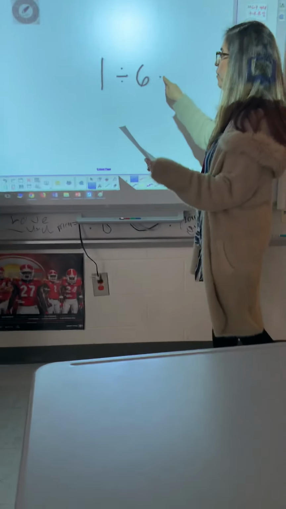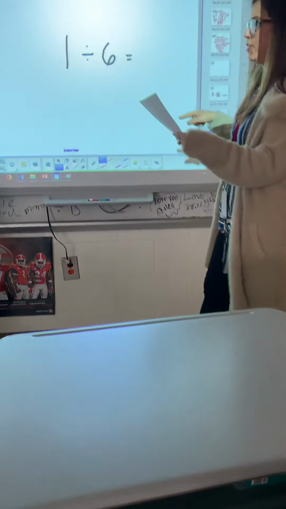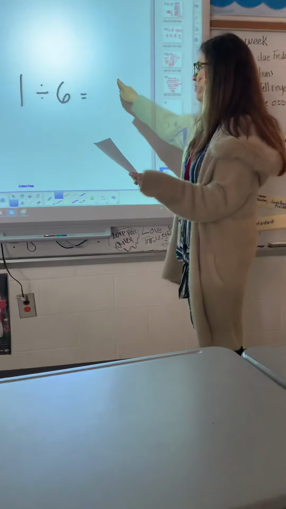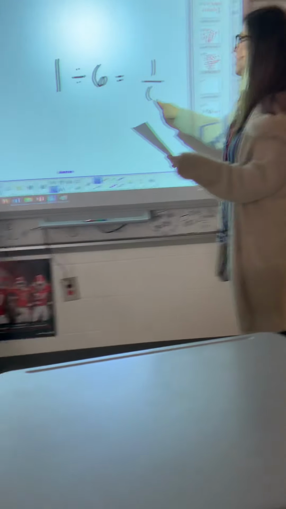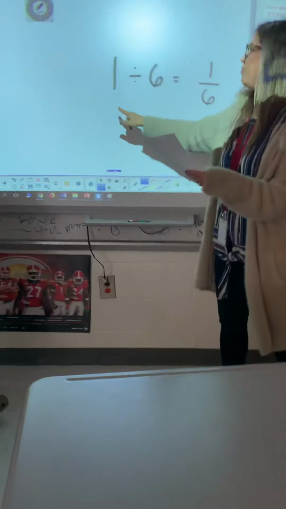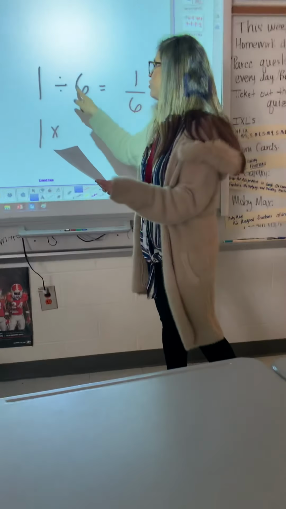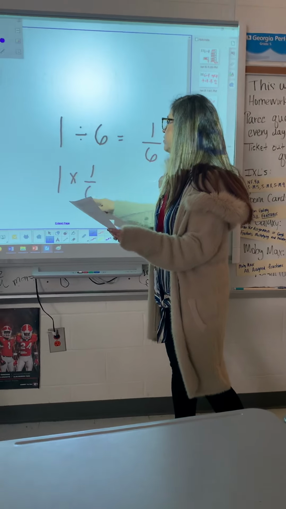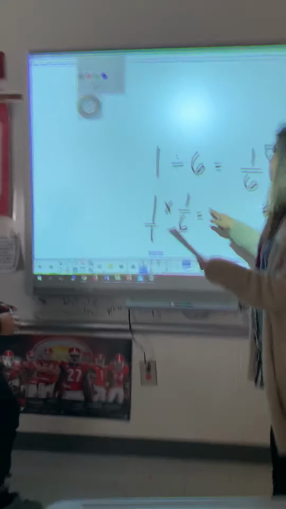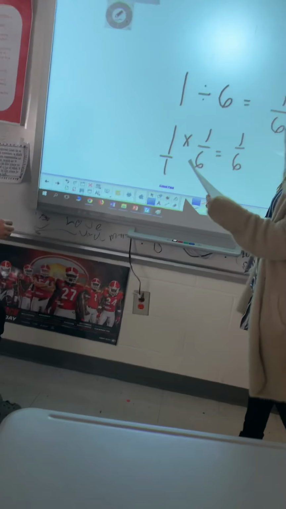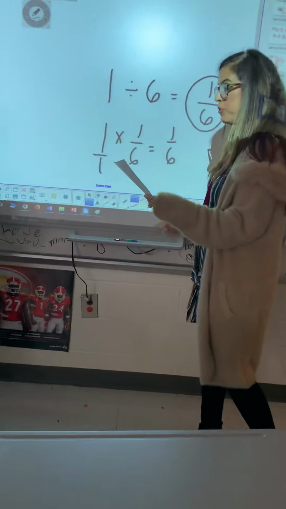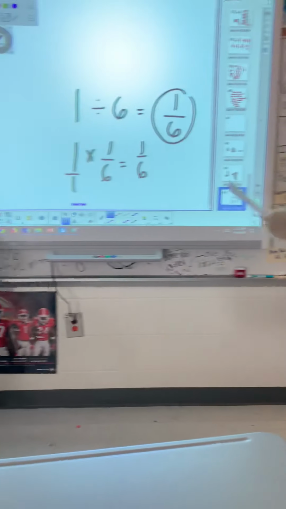And how would I write that as a fraction? 1/6. If I wanted to do this and then do the reciprocal, I can do that as well. It still gives me 1/6. Each person will get 1/6 of that pizza.